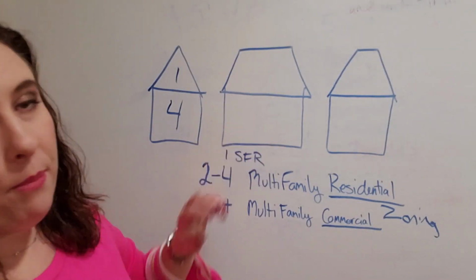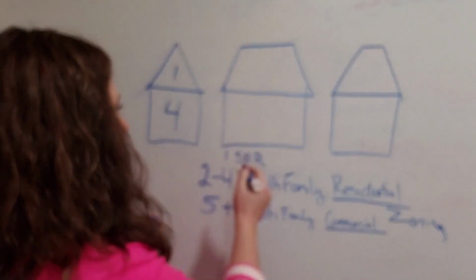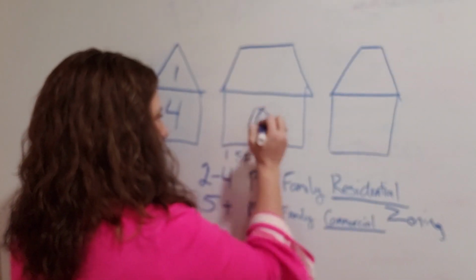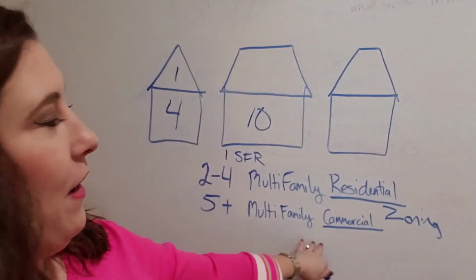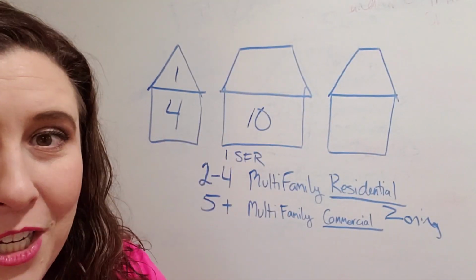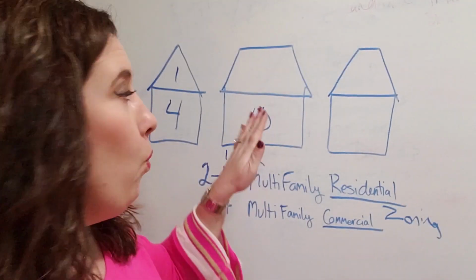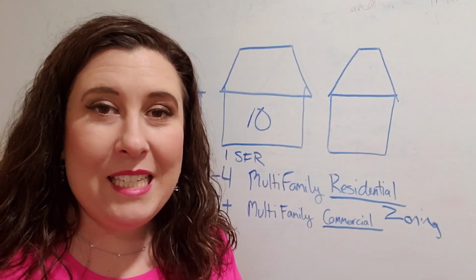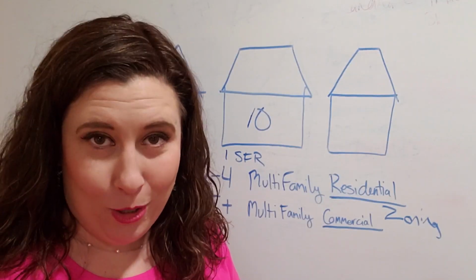If you came across this property and it had 10 families, it would be multifamily commercial. If there are 10 units under one roof, it's a 10-unit complex and it is commercial.